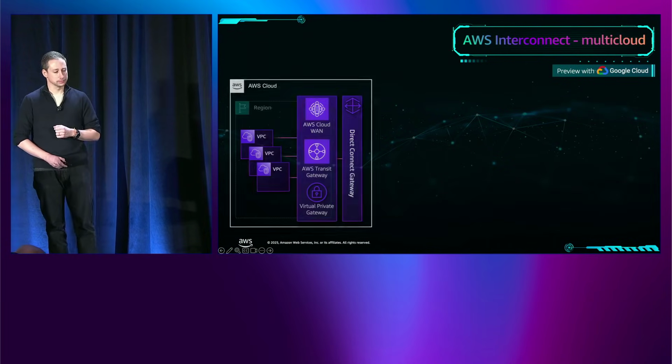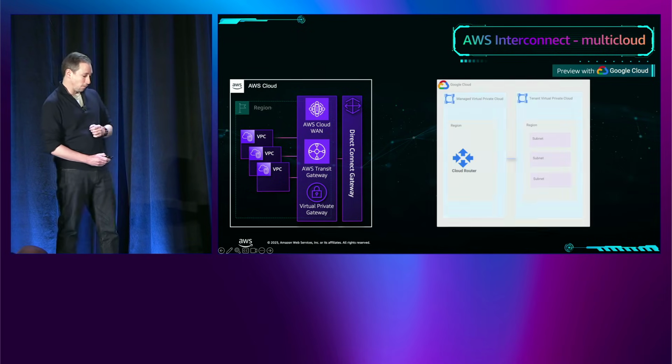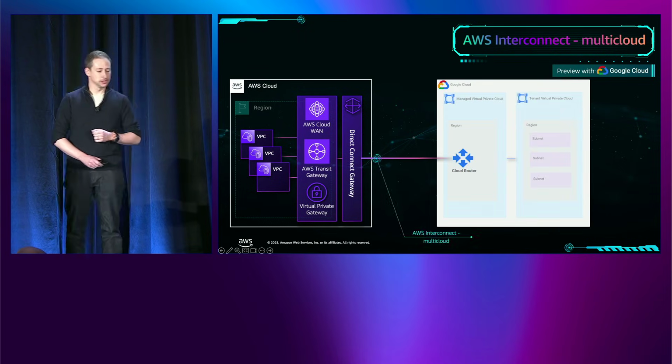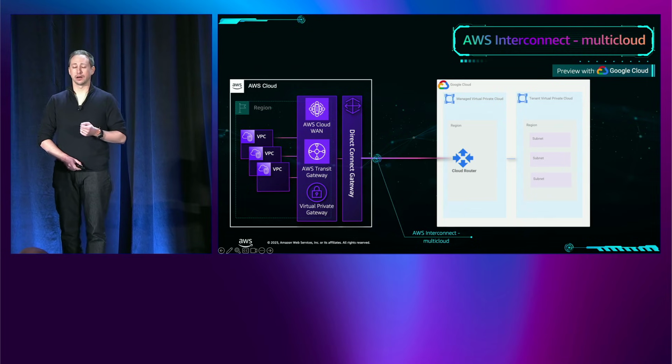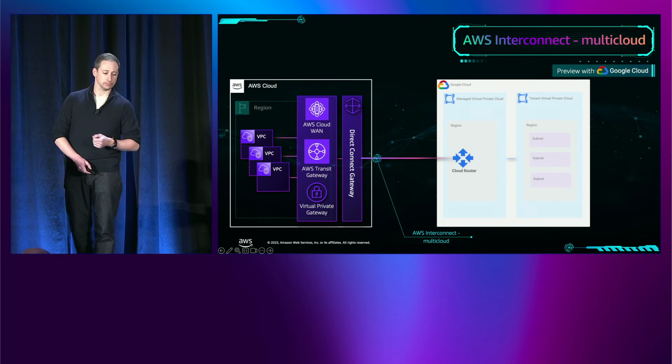Now, on the AWS side, our attachment object is the Direct Connect Gateway. And this has a lot of benefits. It allows you to immediately have compatible networking with all AWS networking services. So it doesn't matter if you're using virtual private gateways, transit gateway, or Cloud WAN.